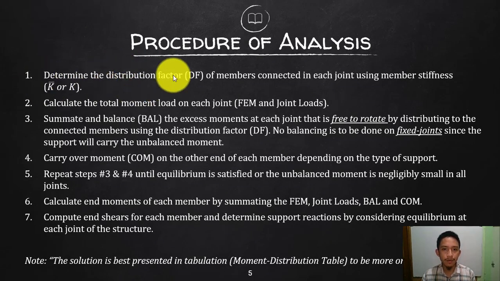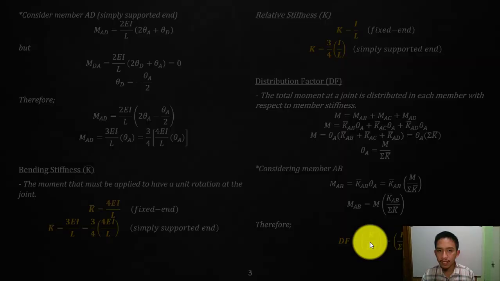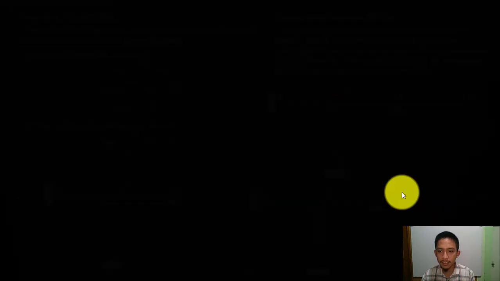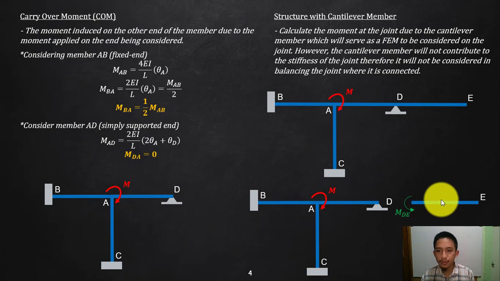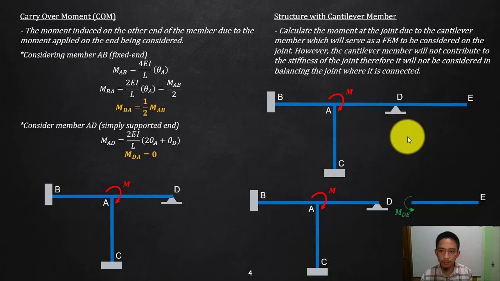The distribution factor is the stiffness of the member divided by the summation of the stiffness of all the connected members. But if there's a cantilever, do not add it, since it will not help in carrying the moment. So at joint D, if there are a lot of members connected, that is what you will summate, but forget about member DE if it is the cantilever. Do not add it in your stiffness, because it will not help in resisting the moment.